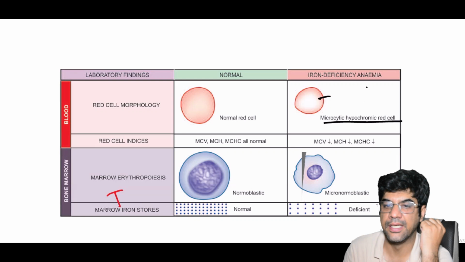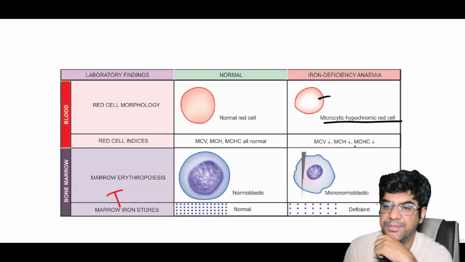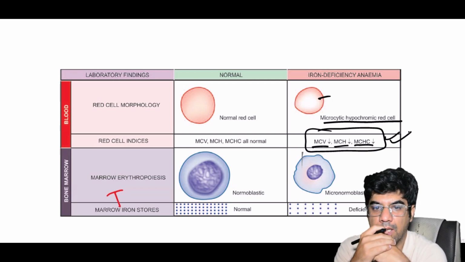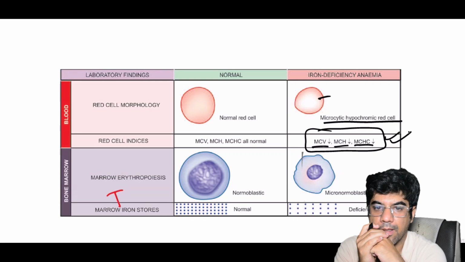The reticulocytes, remember, they are either normal or they may be reduced. So the MCV, MCH and MCHC, all are reduced. The platelet count is usually normal. The total and differential WBC count are again normal.